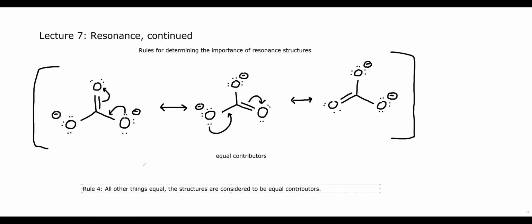So these three, since all other things are equal, we would call these equal contributors. There's not a major and a minor contributor, but all three are equal. So that means that those delocalized electrons are all equally shared among all three oxygens.